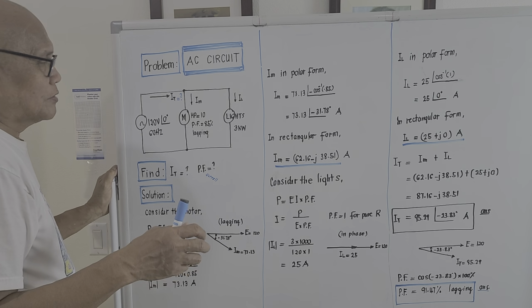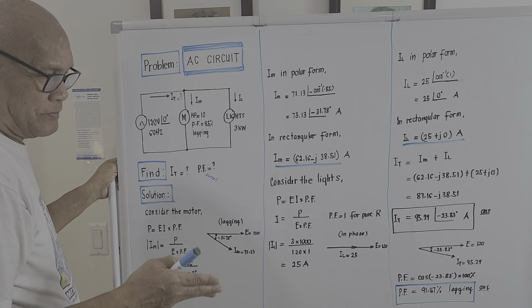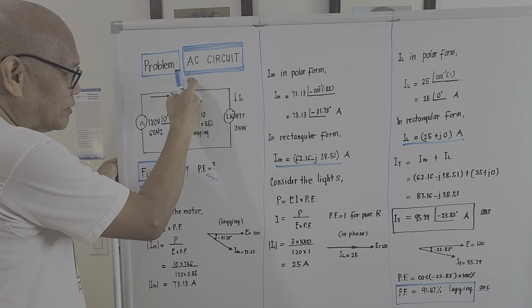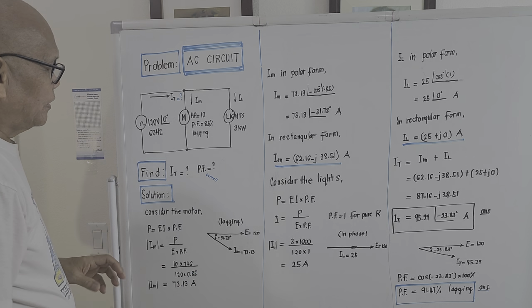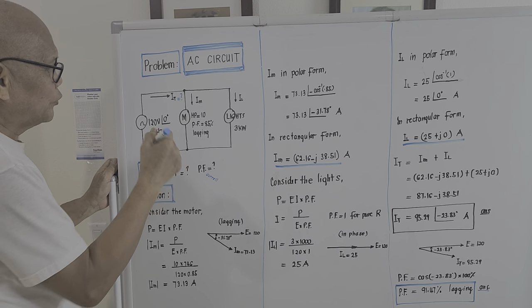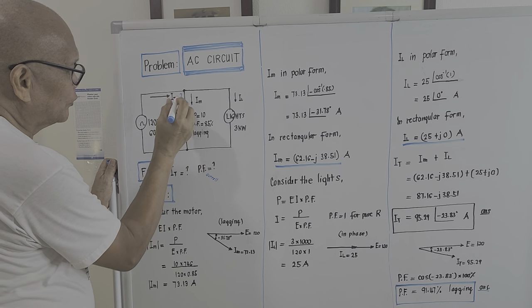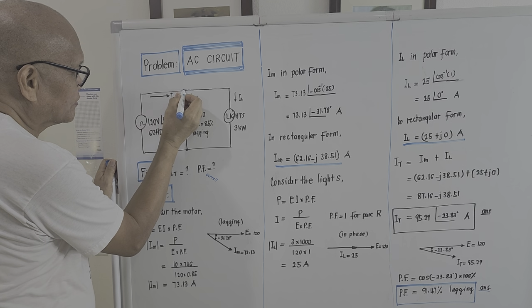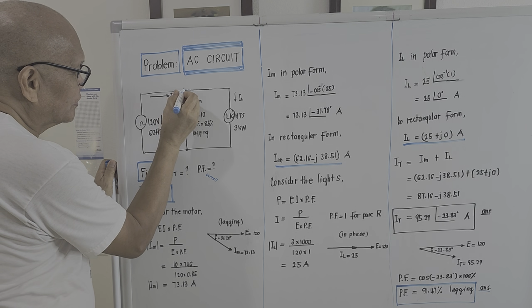So the solution of this one will fall under AC circuit, alternating current circuit. And here, if we try to compute for the total current, we use Kirchhoff's current law here, considering this node here.